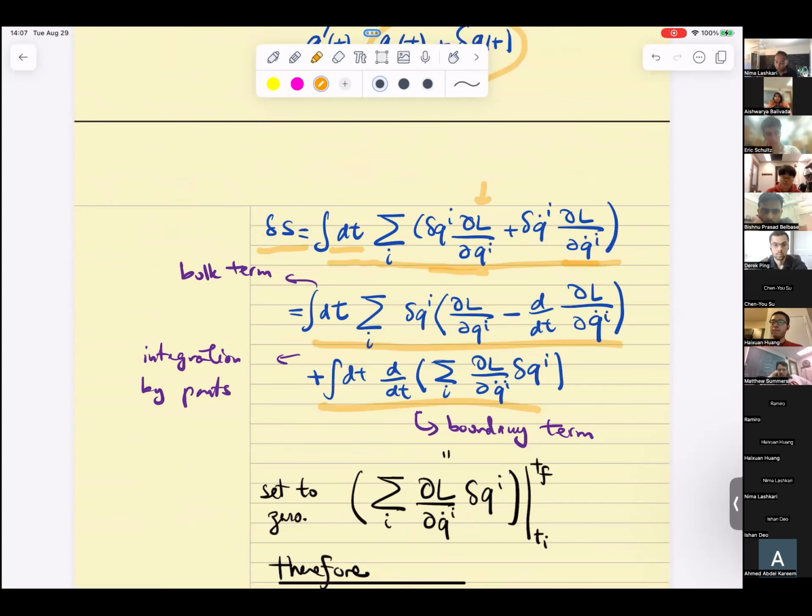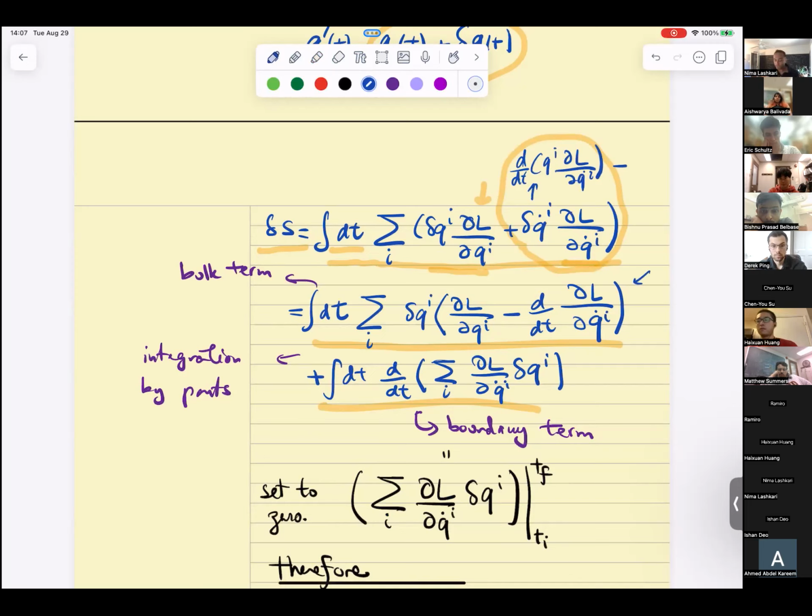Now, this is d/dt of delta q_i. I can complete this and do an integration by parts. I can write it as d/dt of the partial of L with respect to q dot i times delta q_i, minus this expression I've written down here.